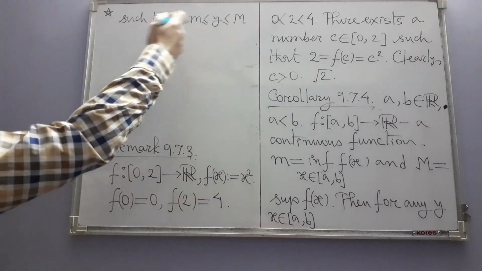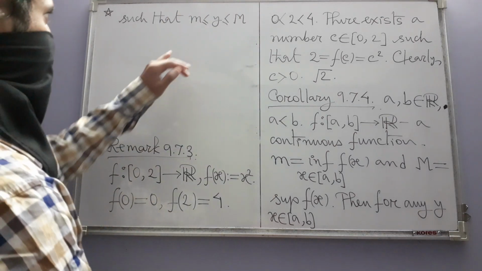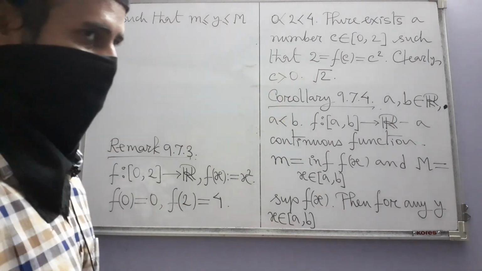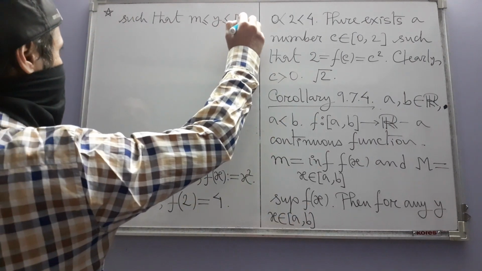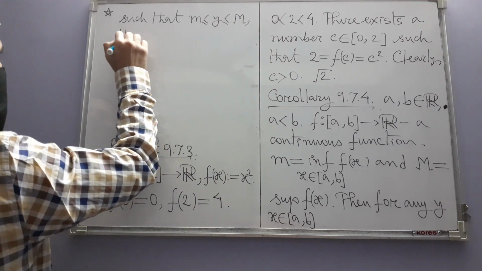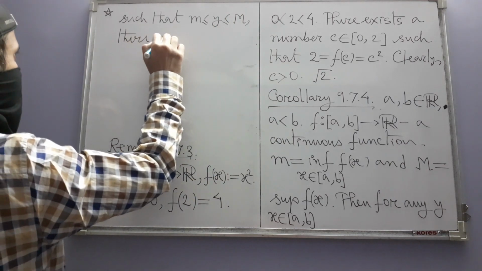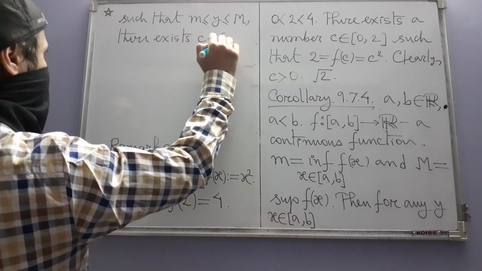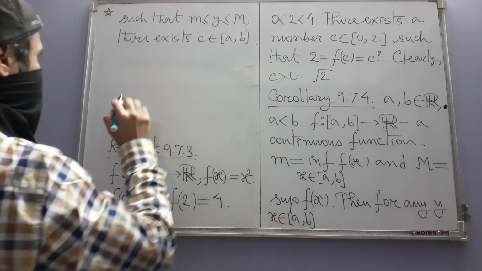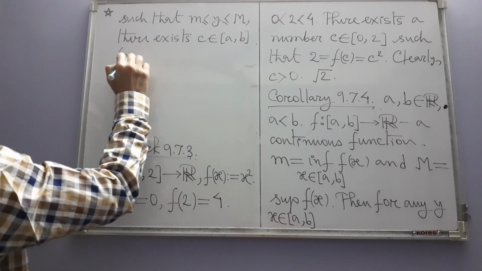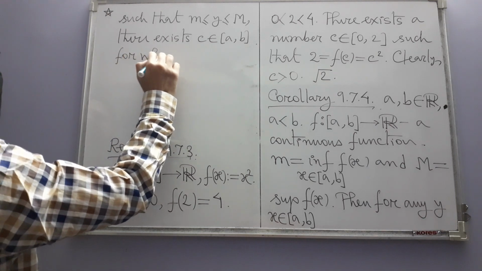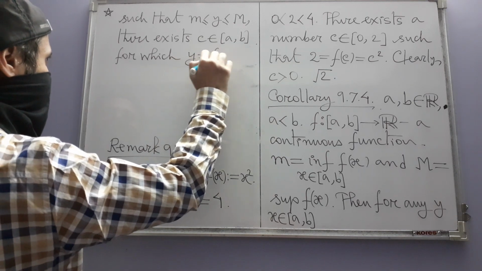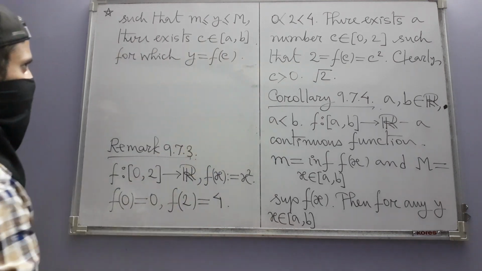This time of course we do not have another set of inequalities because this is the smaller one and this is the larger one. For which y is equal to f of c.